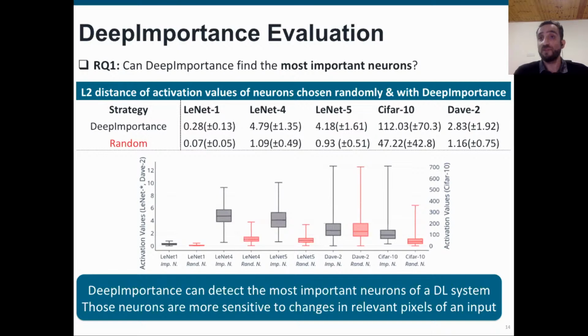Then we modified 2% of an input image, and compared the distance in the activation values of those neurons. And as you can see, there is a clear difference between those activation values, showing that DeepImportance can detect the most important neurons of a deep learning system, and those neurons are more sensitive to changes in the relevant pixels of an input.